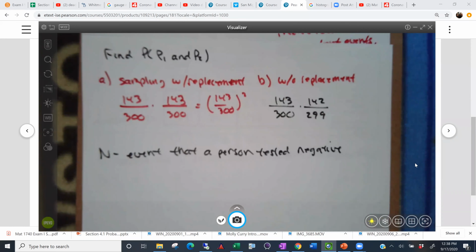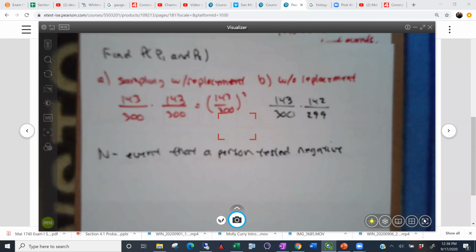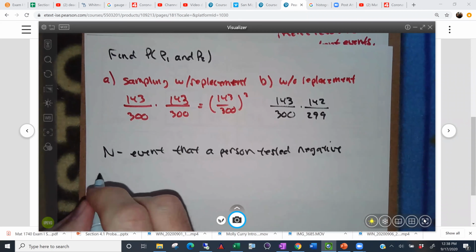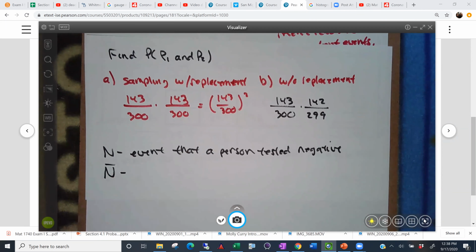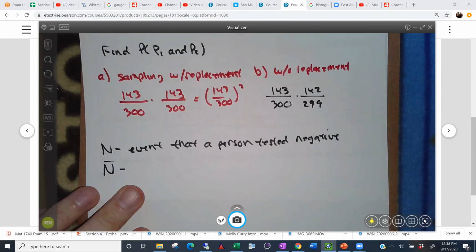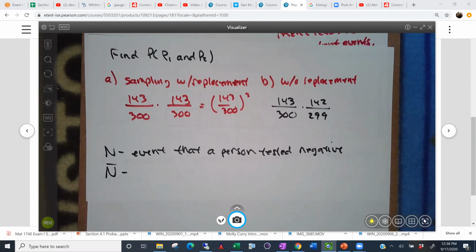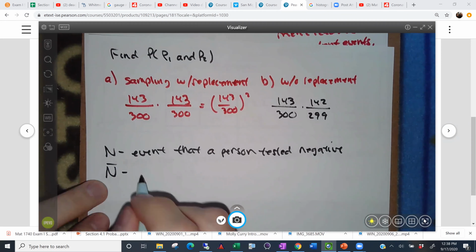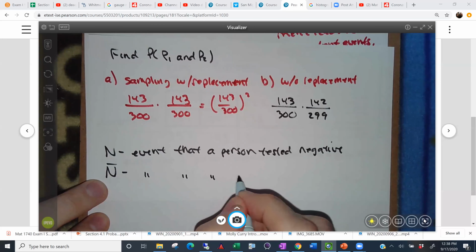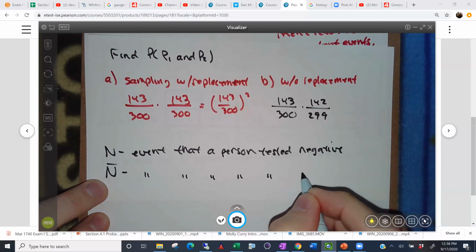Now, if that's the event N, what's the event N bar going to mean? Any other result that's not negative. Yeah. And in this example, if you're not negative, what are you? Positive. A person tested positive.